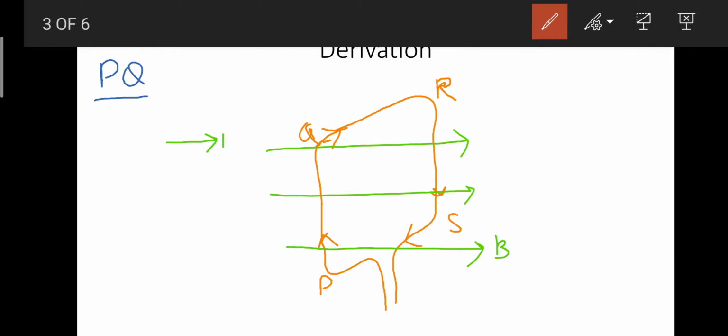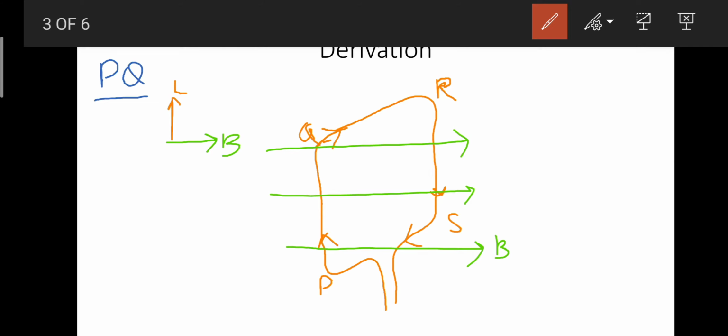So this is the direction of the magnetic field indicated by the forefinger. Now the direction of the length element is in the upward direction, so I would draw it like this. This is the direction of the length element, that is L.